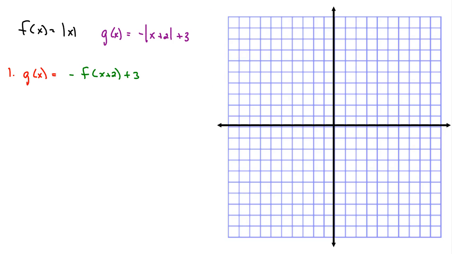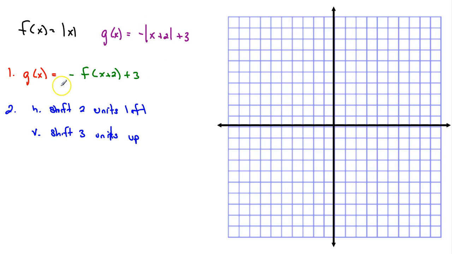Alright. Second, my transformations. I have a horizontal shift, 2 units left, because it's plus 2. I have a vertical shift, 3 units up, and then the negative sign.